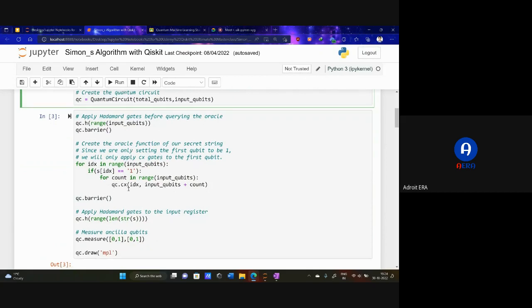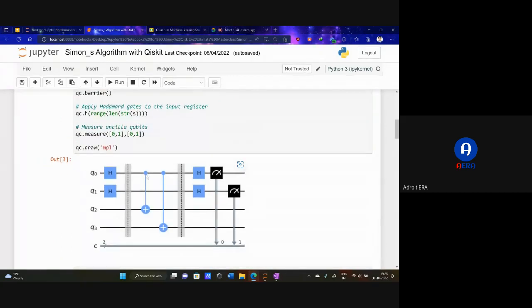Since it starts with 1, we take only that control which is 1, and we put controls one by one to the second register qubits. So q2, q3 are the second register qubits, the same number as the first register. The first register is q0, q1, 2 qubits, and the same number in the second register, which is q2, q3, right?